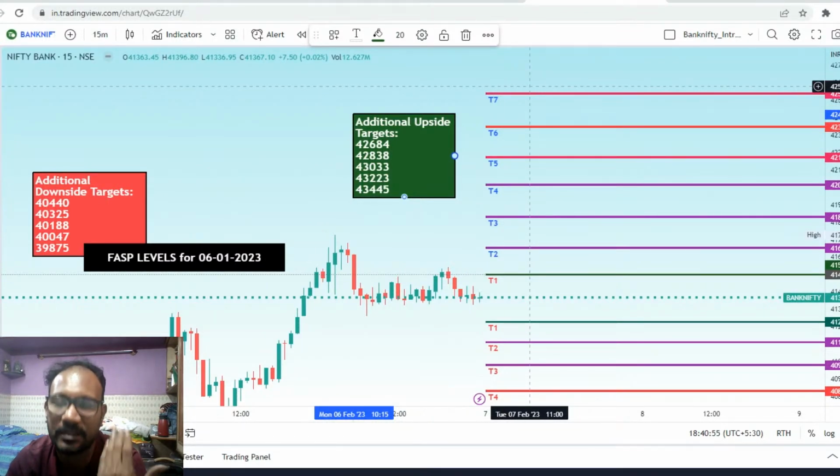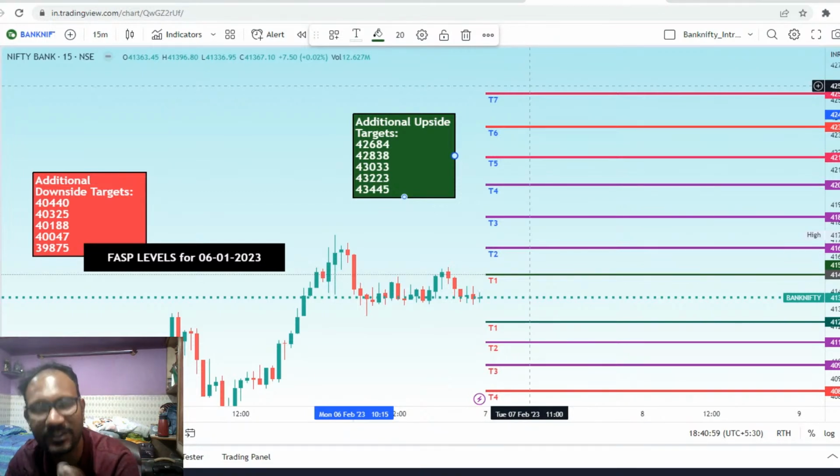So 700 to 800 points is a lot. T7 ranges with 100 points is not good enough for handling the volatility of today, right? That's the reason we are stretching it a bit to about 130, 140 points. So it's all very calculated. We give some weightage to things. That's the reason our zones are expanding, right?